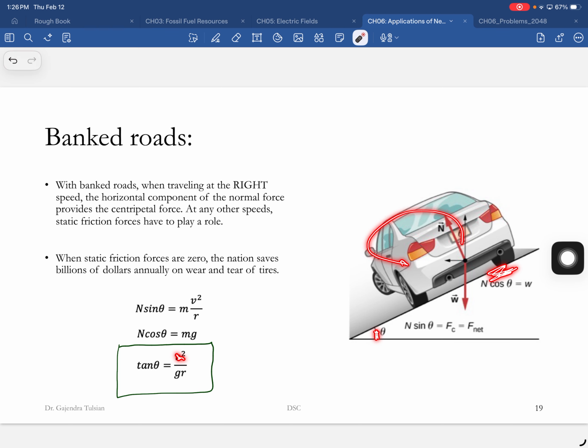So a truck doesn't need to use static friction, a car doesn't need to use static friction. That's the speed that is marked on all exits. If you go at that speed, you won't need any static friction force. The road can be as icy as it wants. If you're going at that precise speed, you won't slip out of the curve.